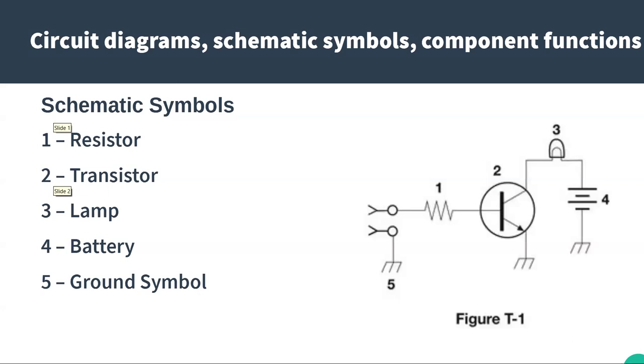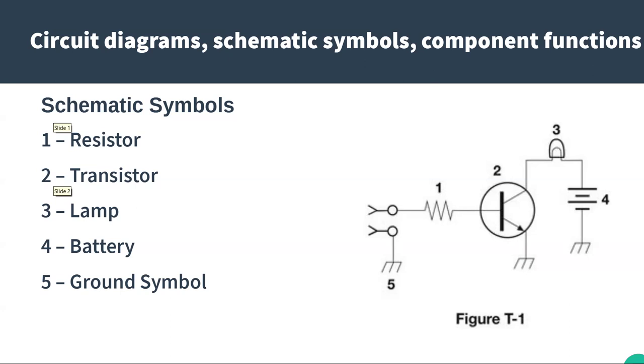The third one is a lamp. It's not something you see much anymore, but in the old days, radios and things had little 12-volt pilot lights, like old flashlight batteries or lights, things like that. And number 4 is a symbol for a battery.